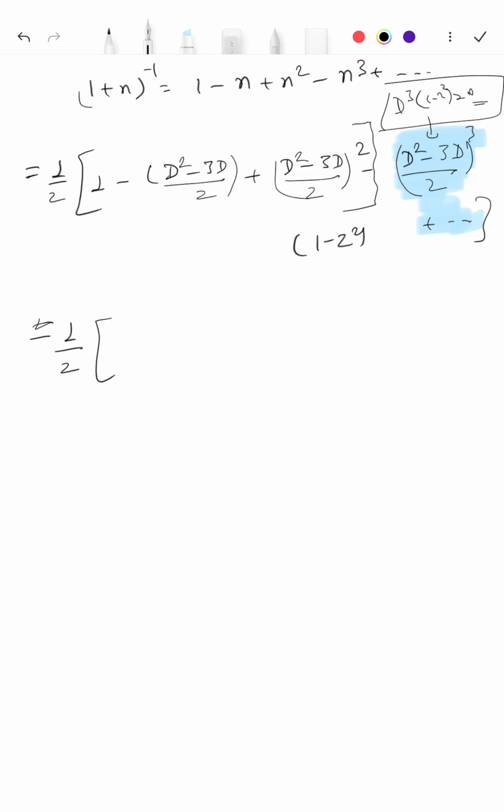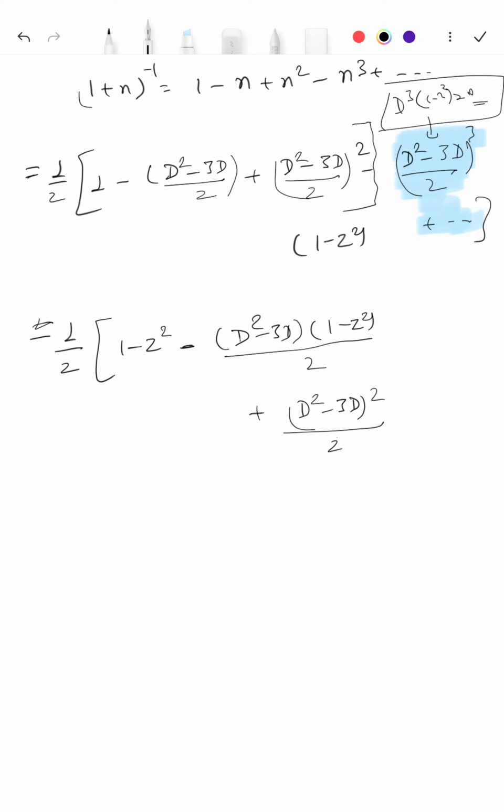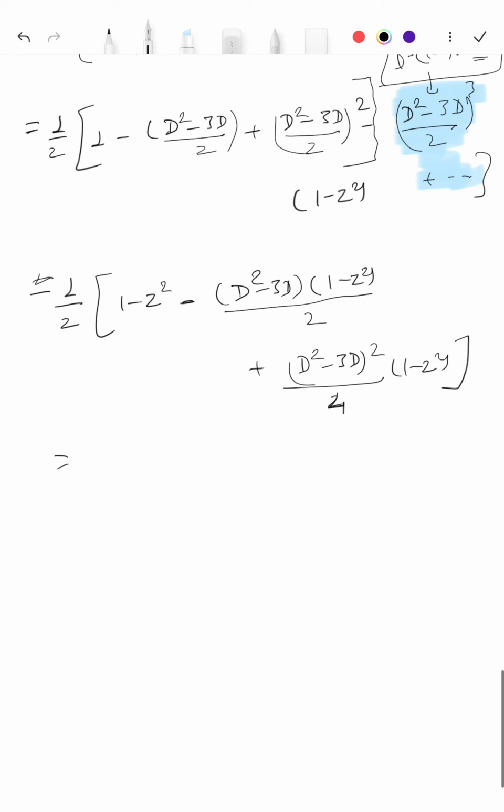Multiplying 1 with 1 minus z square gives the same thing, minus (d square minus 3d) into (1 minus z square) whole divided by 2, plus (d square minus 3d) whole square by 4 times (1 minus z square). By the way, this d is the differential operator, if you don't know.